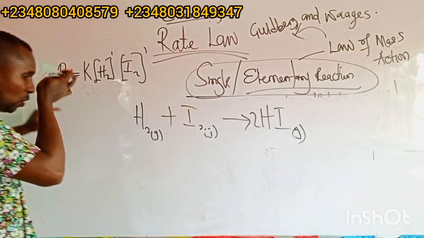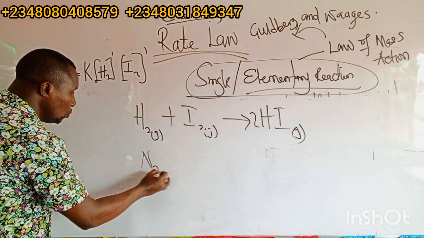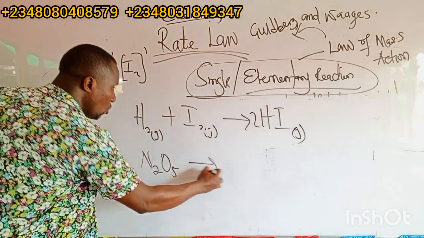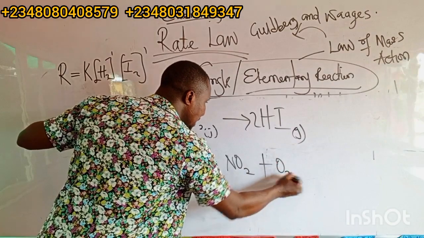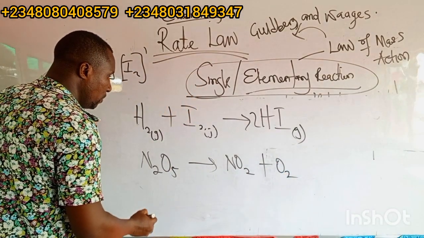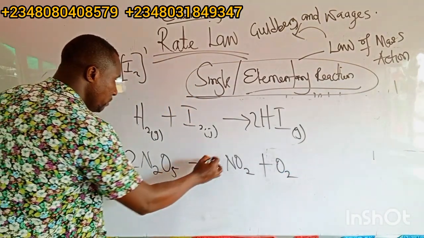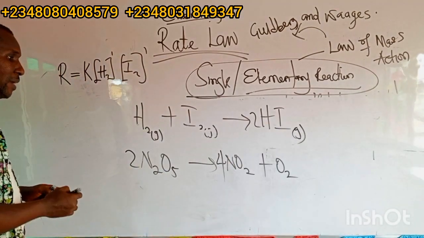But when you have a complex one, for example, N2O5 decomposing to NO2 plus oxygen gas, balance the equation: put 2 here, put 4 here. The equation is balanced.